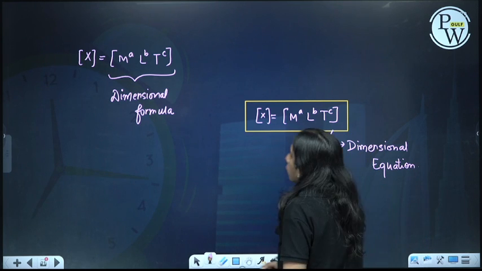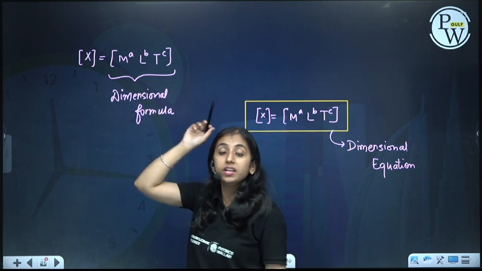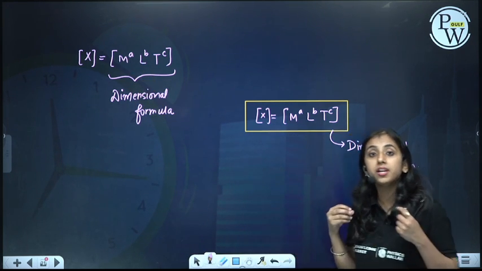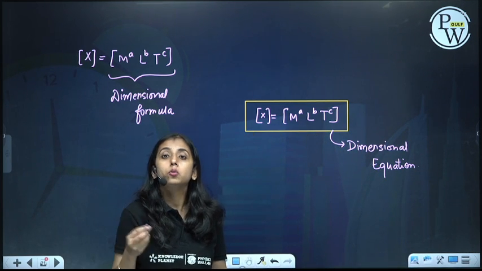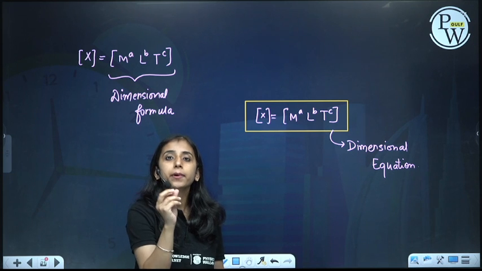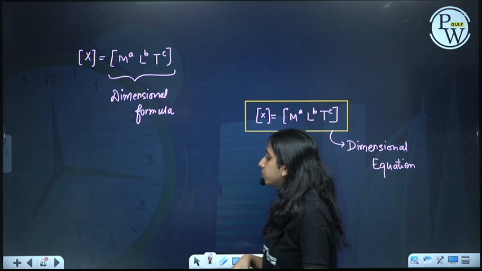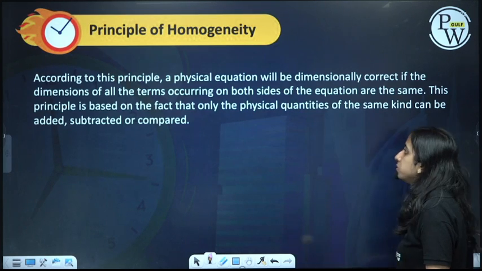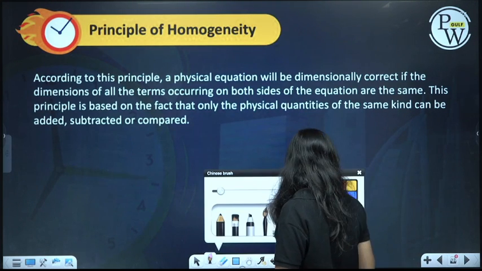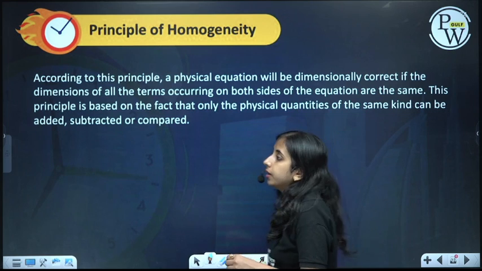And these exponents or powers a, b, c, to what power I should raise M, or to what power I should raise L to get x, are called the dimensions of x. Now how and where we use this dimensional analysis, we will study.